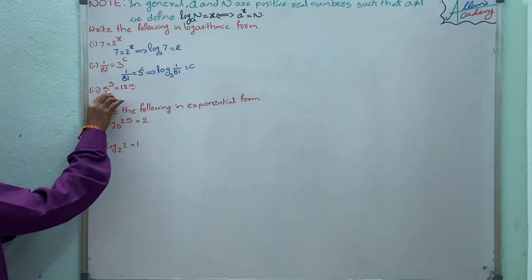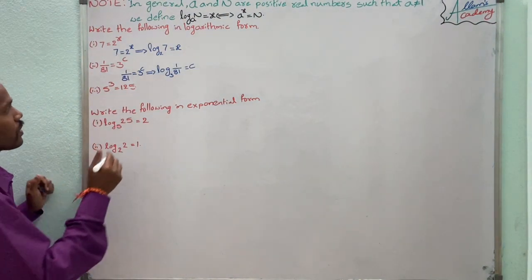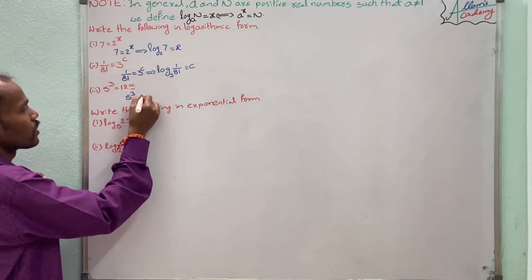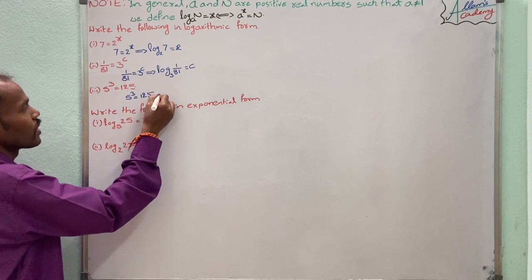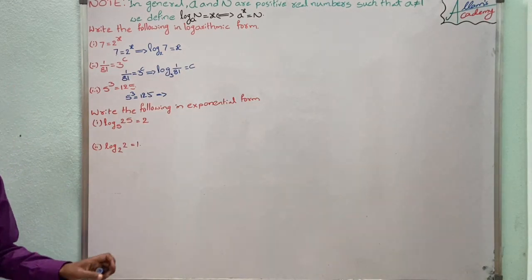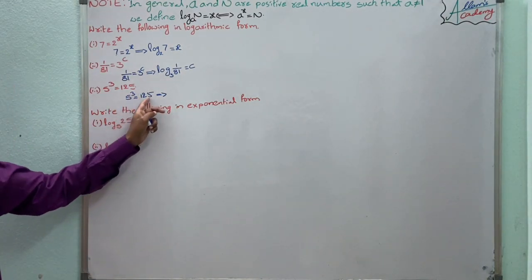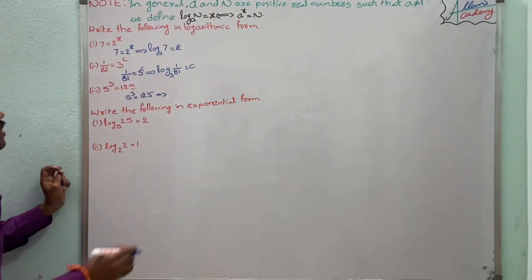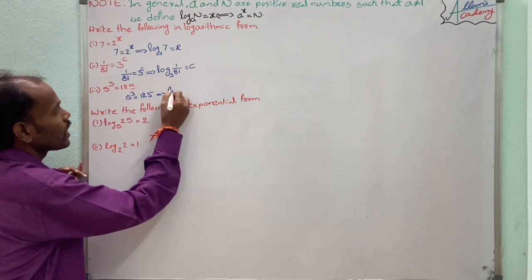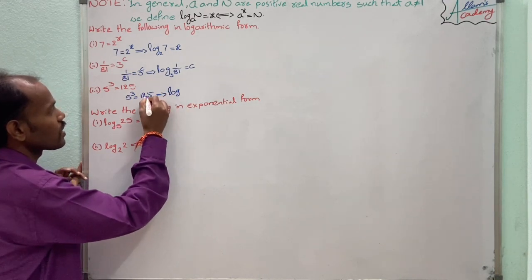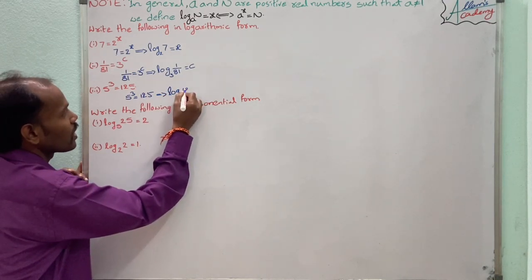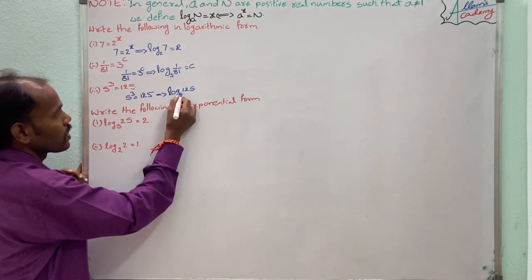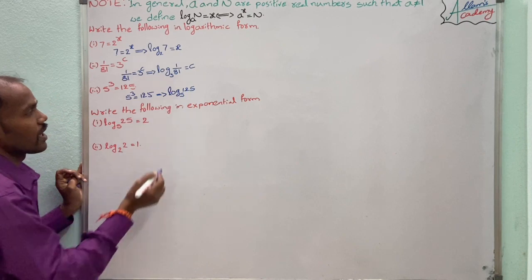In the same manner, 5 cube equal to 125. In logarithmic form, a power x equal to n becomes log n base a equal to x. So log n, where n is the answer 125: log 125 base 5, with the base of the exponent as the base.